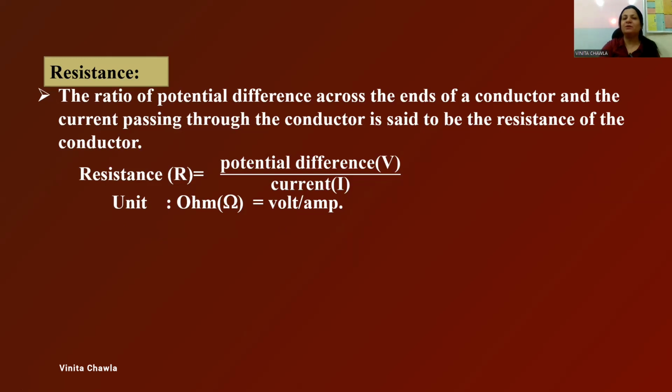And how do we find dimensions? Voltage is W by Q. Q is IT. And W is ML2T minus 2. Find the dimensions. V is W upon Q. And I is the fundamental quantity. V is the derived quantity.